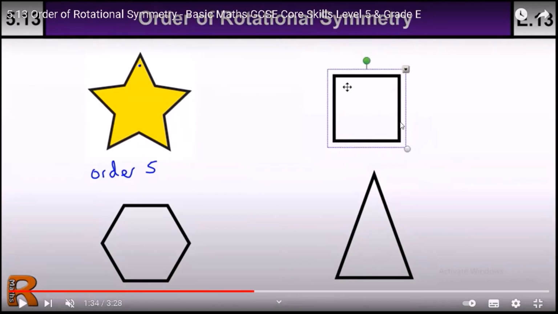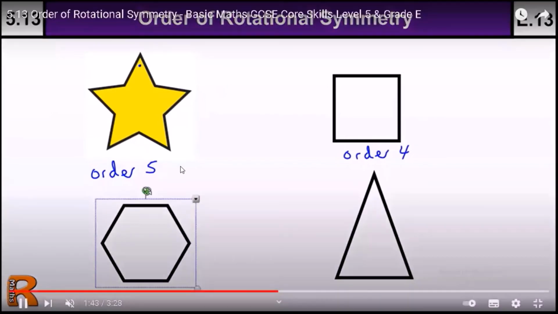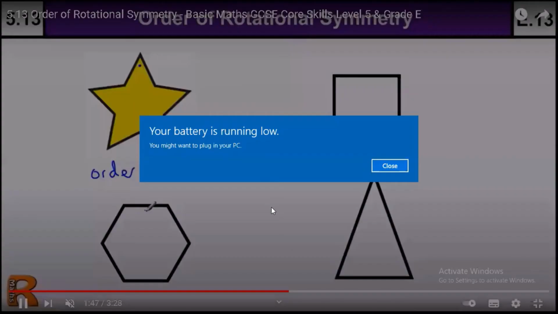So this square has rotational symmetry, but which order did we find when we rotated it? It fit into itself 4 times, so it's order 5. I mean order 4, so it's order 4. All right, what about this shape? It's a hexagon. Let's look how many times it will fit in.